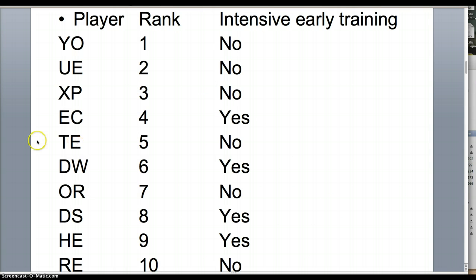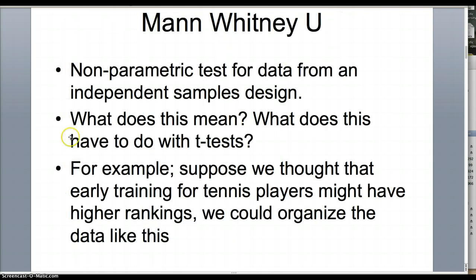One of the examples is tennis players. As we get close to the Olympics, one of the theories is that if you're going to be successful at that, you have to start before you're 12 years old. This is the same sort of question in that we want to know if early training for tennis players might have something to do with their higher rankings.